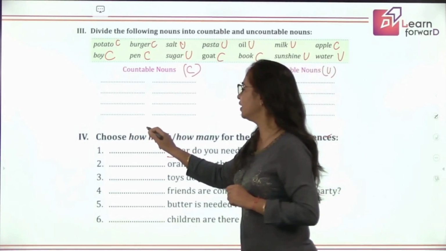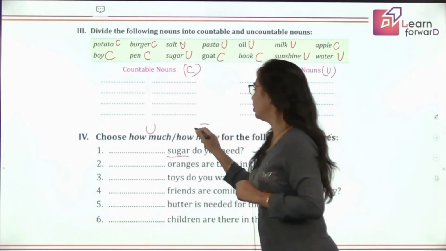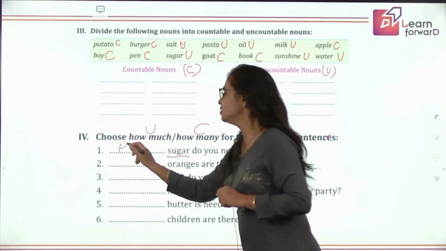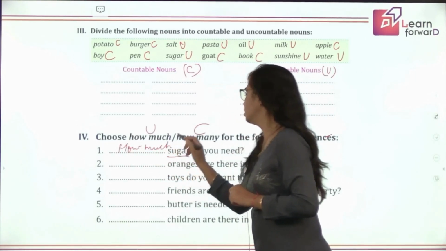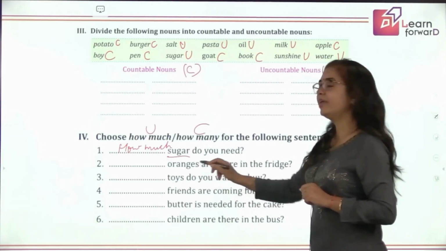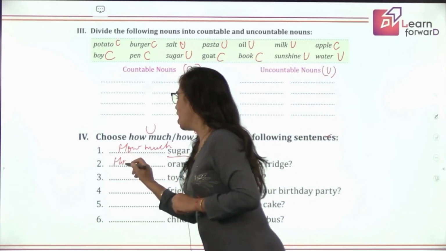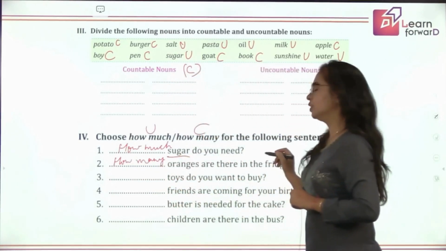So let us write here how much is used for uncountable and how many is used for countable. So because sugar is uncountable, you will write how much sugar do you need. Oranges are countable. So you will write how many oranges are there in the fridge.